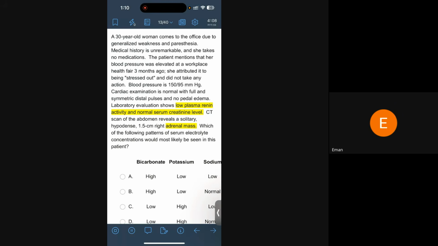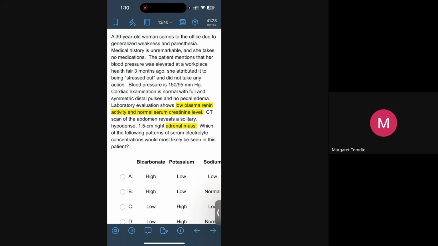It is primary. That's why you are seeing less renin here, because the main pathological site is adrenal. High aldosterone, low renin, and the high aldosterone can also explain the weakness and paresthesia.